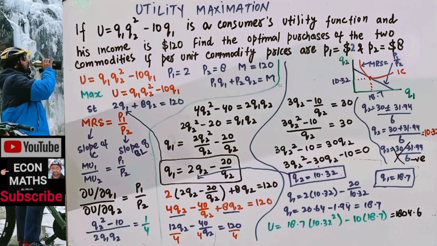This will be the utility that the consumer will get when he consumes the optimal combination of good q1 and q2. Okay, I hope I made myself clear. Thank you.